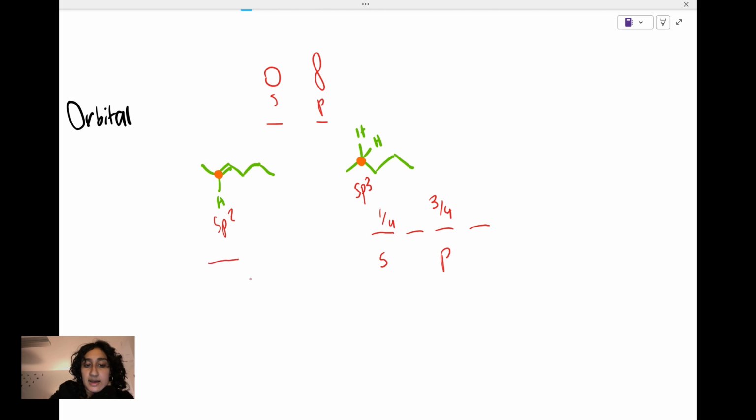Whereas here you have 1/3 S and 2/3 P. Which one is there more S character in? There's more S character in the sp2 orbital. There's a greater proportion of it because 1/3 is bigger than 1/4, right? So where you have more S character, you will have a stabler situation there. And so this is the stronger acid than this. I hope that makes sense.